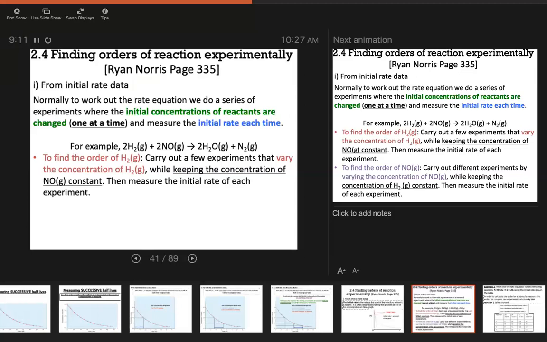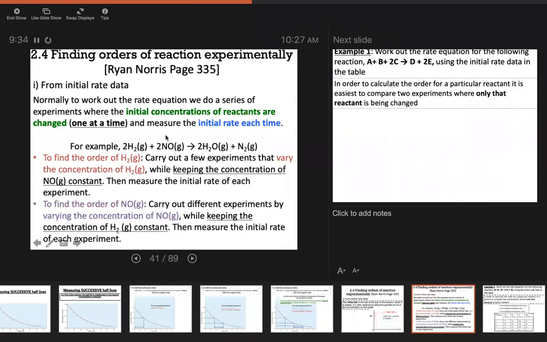Because if you change two variables, then you cannot study the effect of changing the concentration of hydrogen on the rate. Now you have two changing variables, which is different. If you're interested in finding the order of hydrogen, you only change the concentration of hydrogen. And then you compare the value of the rate of these different experiments. If you want to find the order of nitrogen monoxide, the same procedure applies.